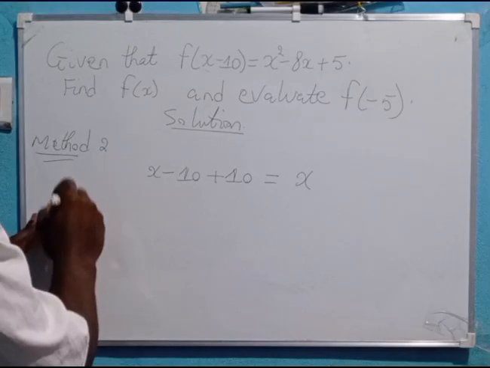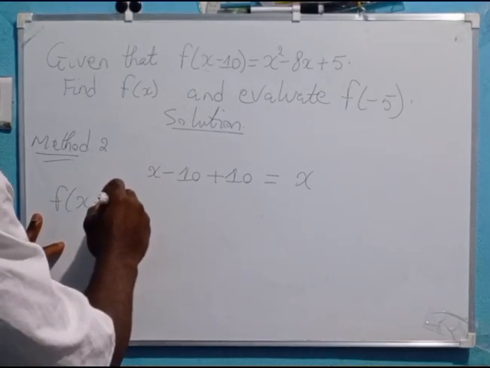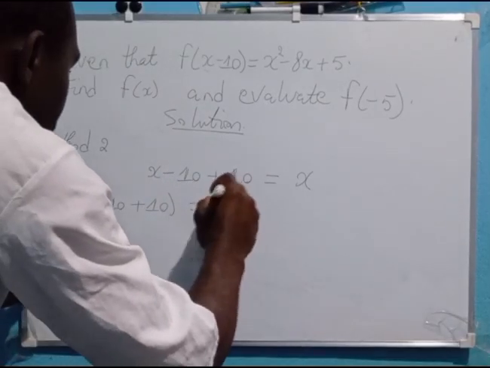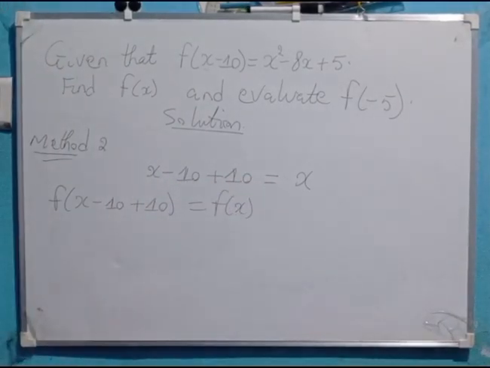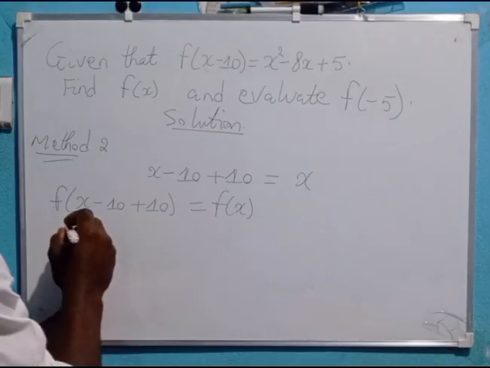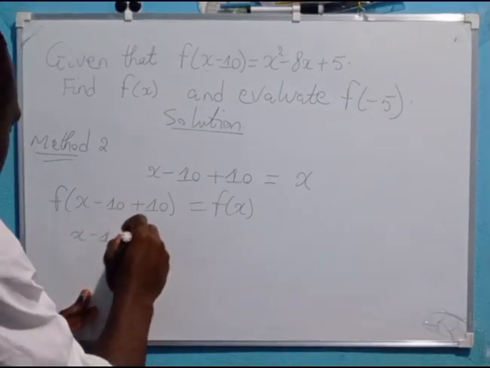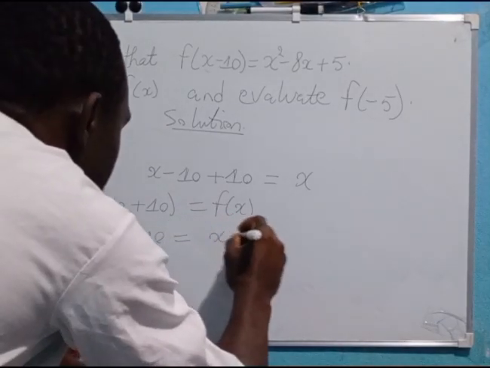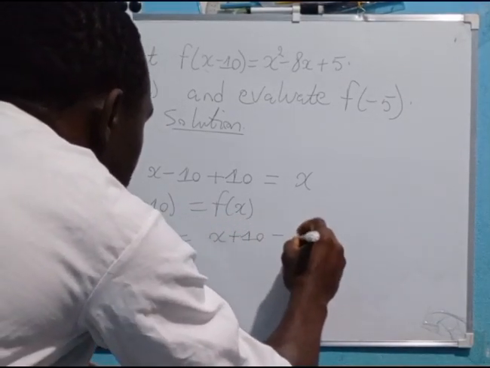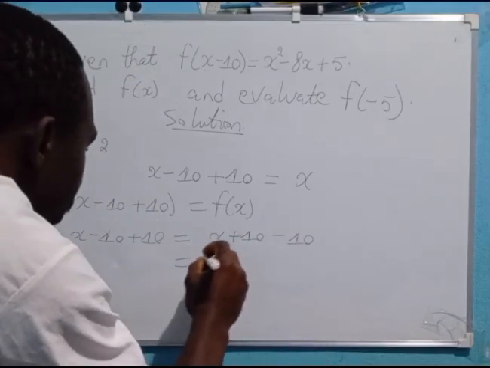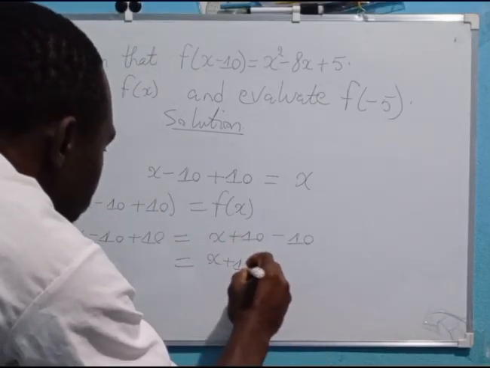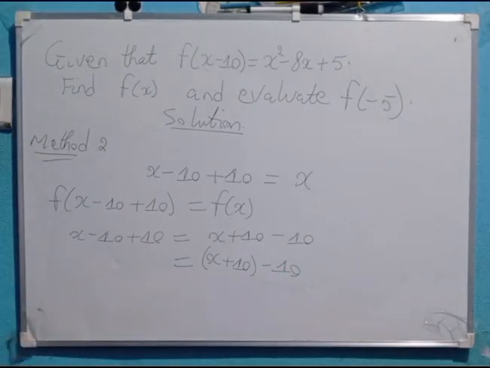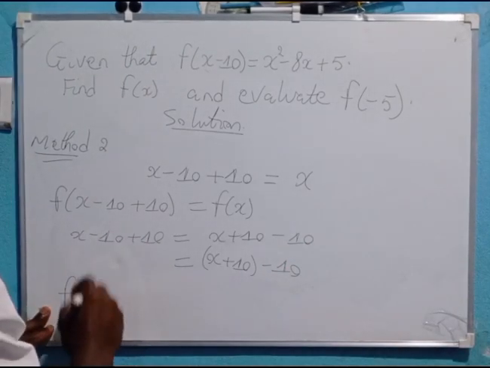It simply means we take f of x minus 10, we add 10, this will be equal to f of x as such. Now if we take x minus 10 plus 10, we can express this as x plus 10 minus 10, which can be written in this form: x plus 10 minus 10, like this.